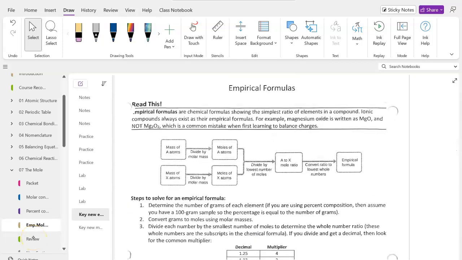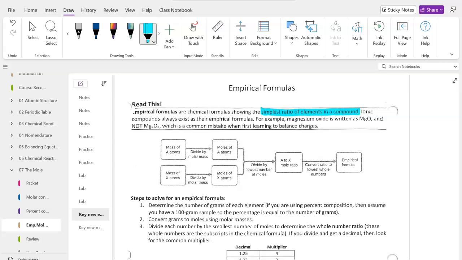Okay, let's chat about empirical formulas. Looking up at the top here, empirical formulas are chemical formulas showing the simplest ratio of elements in a compound. We've actually already seen this in ionic compounds because they always exist as their empirical formulas. For example, when you look at magnesium oxide, magnesium has a +2 charge, oxygen has a -2 charge.